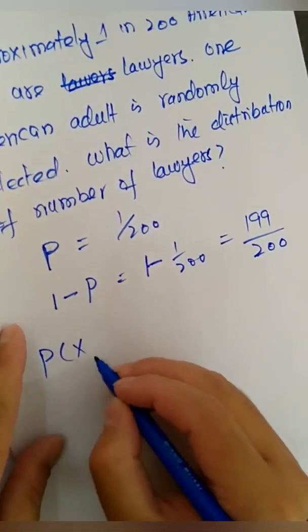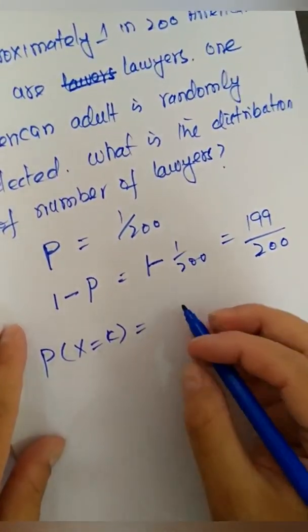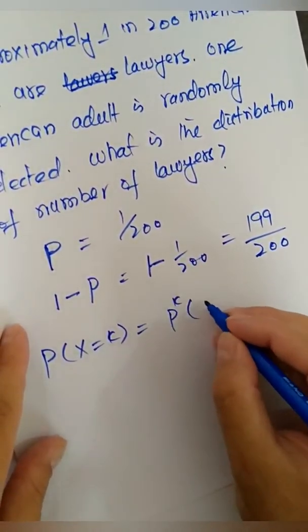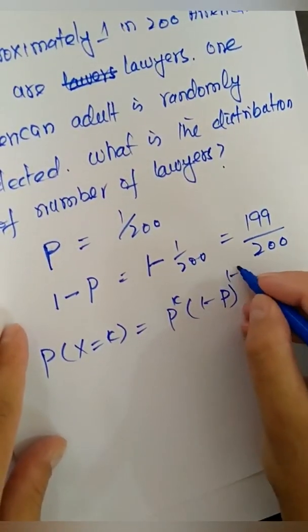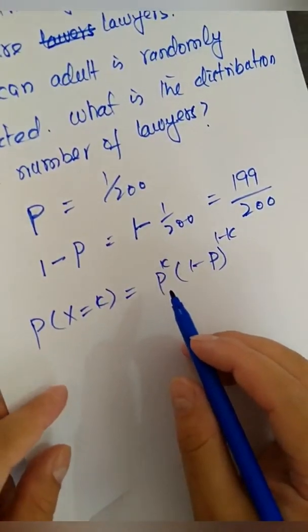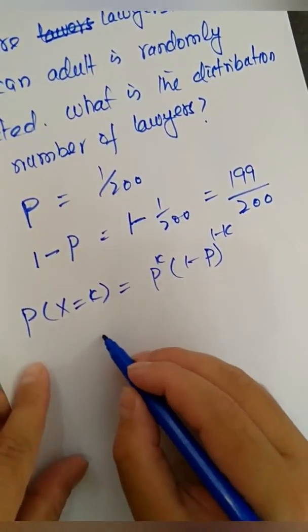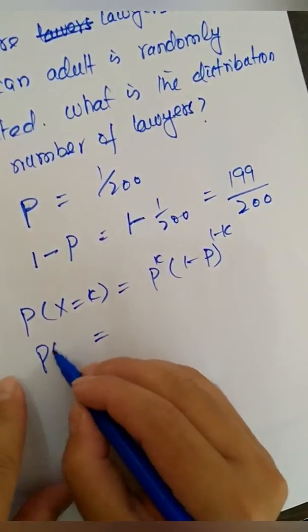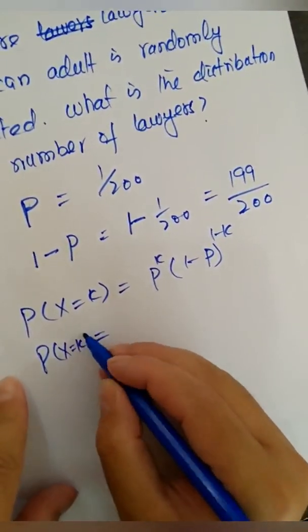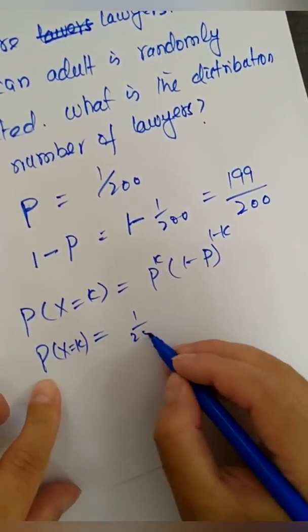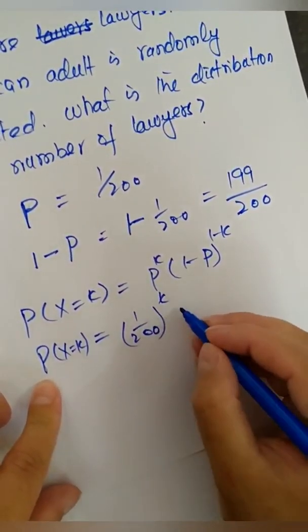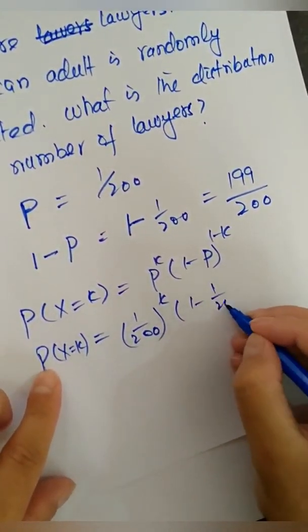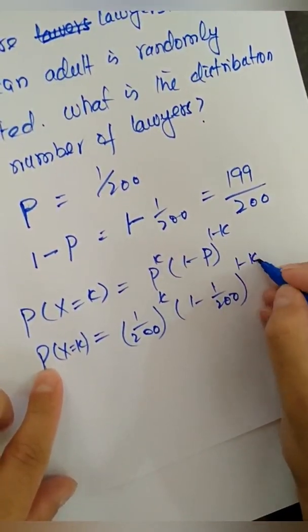Now p of x is equal to p raised power k, 1 minus p raised power 1 minus k. So p of k would be equal to 1 over 200 raised power k into 1 minus 1 over 200 raised power 1 minus k.